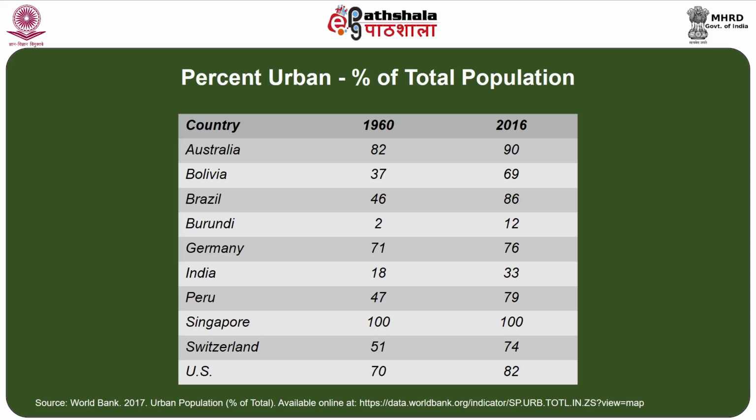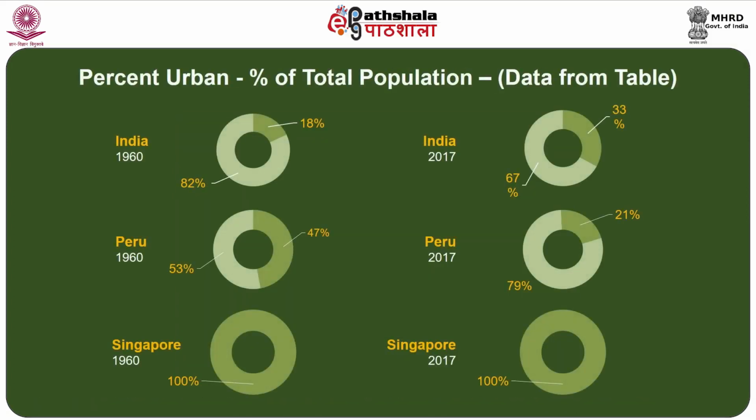On the other hand, we see a much smaller percent urban in other countries both in 1960 and in 2016, with countries like Burundi from 2% in 1960 to 12% in 2016, and India from 18% urban to as high as 33% in 2016.